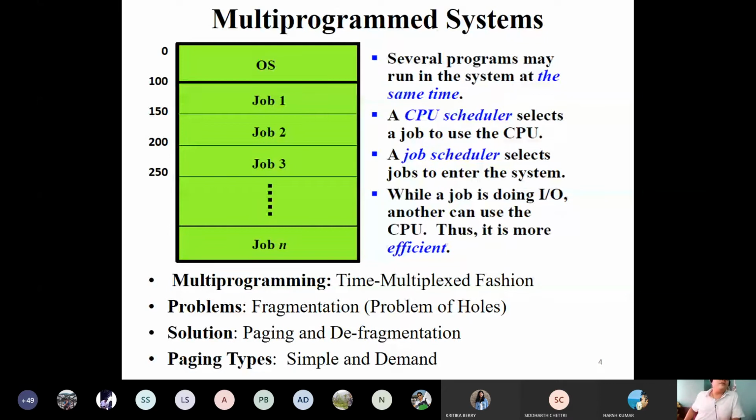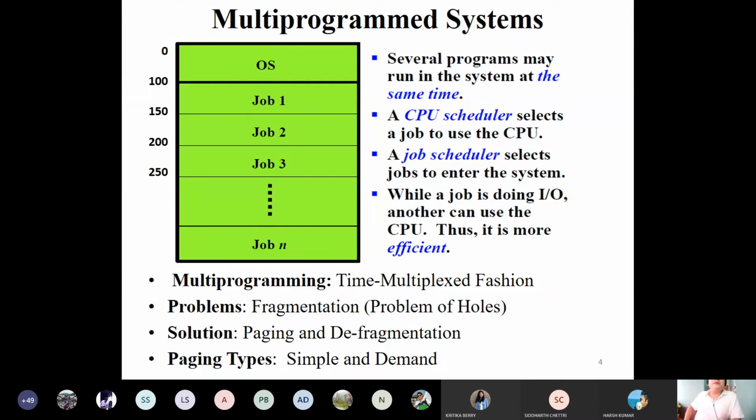The definition of paging is a memory management technique that divides the program into equal portions called pages, and divides the computer memory into equal portions called blocks. The size of the block and the size of the page are equal, and then you load each and every page into the computer memory for initiating execution.